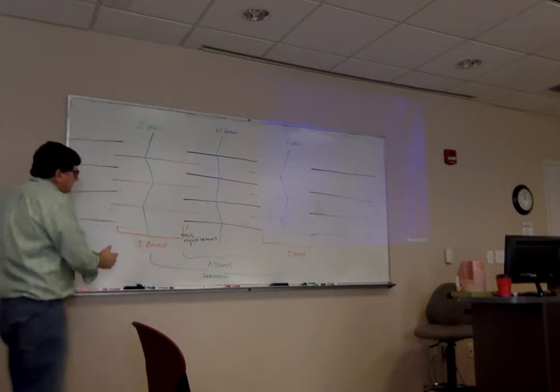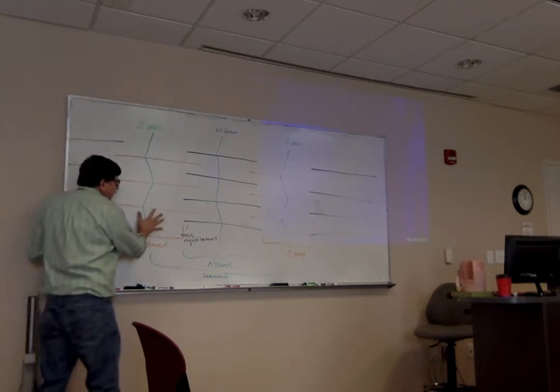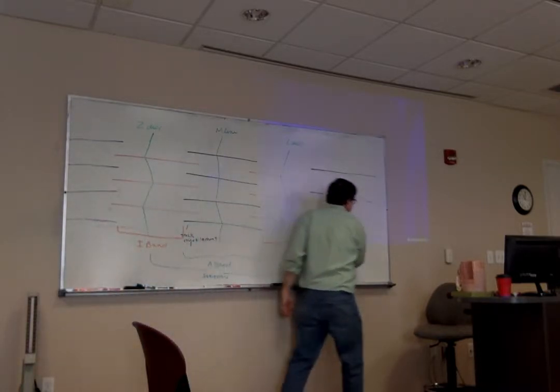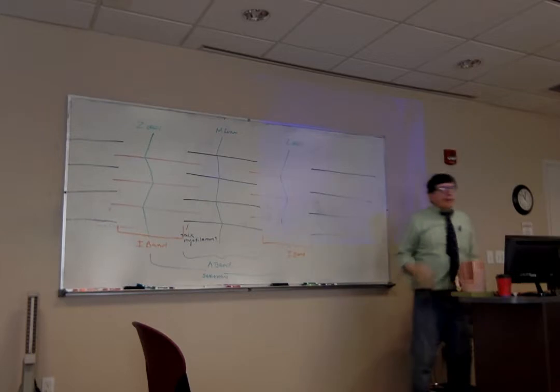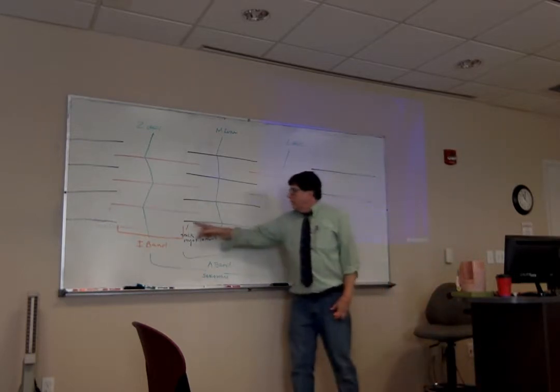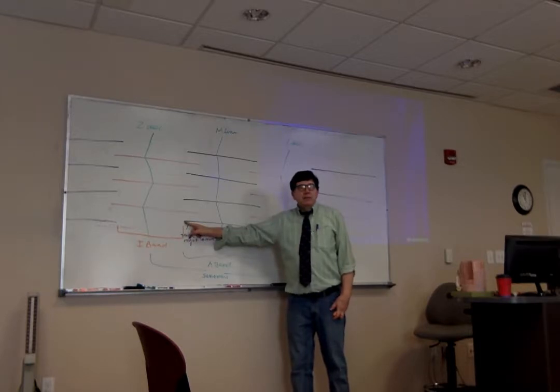It represents a repeating series of I bands or light bands and dark bands, I bands and A bands. The A bands, though, include only this area between the beginning and the end of the thick filaments.